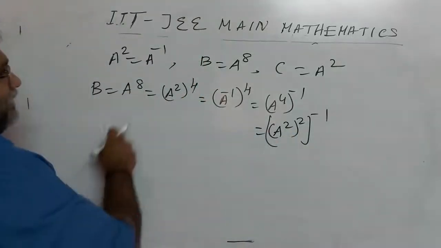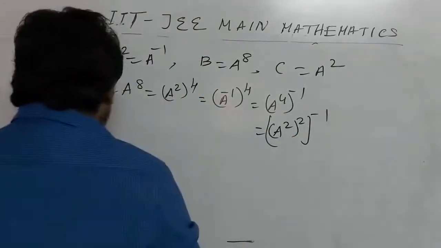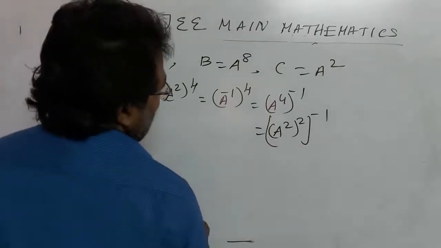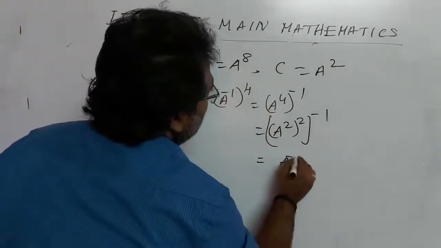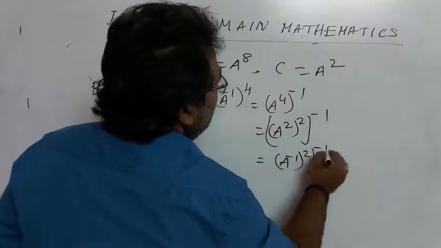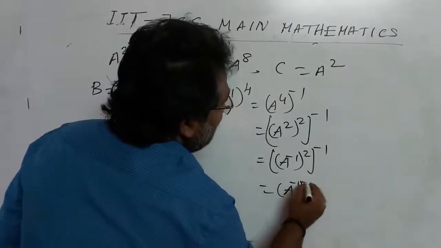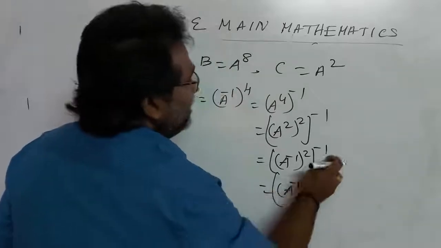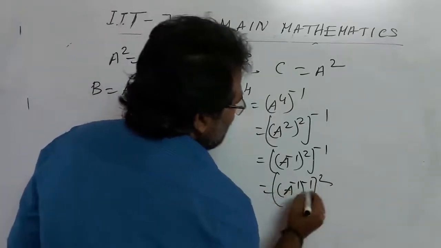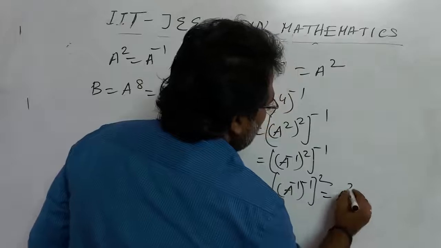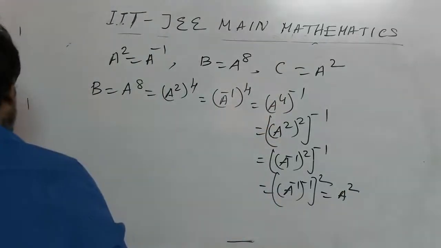Again, A squared equal to A inverse. Further, it can be rearranged as A inverse power inverse the whole squared. The inverse of inverse is A, that is A squared.